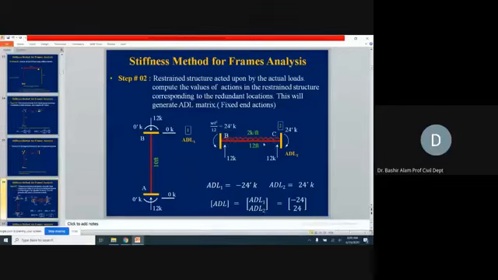Coming to the BC member now, 2 kip per foot was the load intensity, UDL, and 12 feet is the distance. So the member end moment, the fixed end moment, is WL squared divided by 12, so it is equal to 24. On the right side also 24. We don't have any unbalanced moment, so half of the load will go to the right support and half of the load is going to go to the left support.